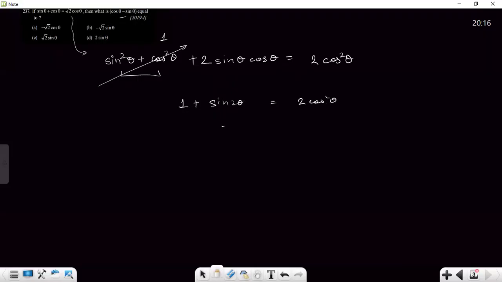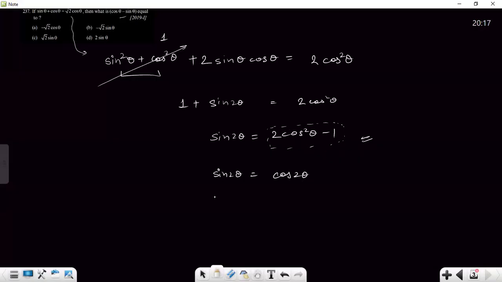Let's bring 1 onto the right hand side. Sin 2 theta is equal to 2 cos square theta minus 1. Do you remember what is 2 cos square theta minus 1? What is the formula of cos 2 theta in terms of cos theta? That is precisely this. So this is cos 2 theta. Sin 2 theta is equal to cos 2 theta.